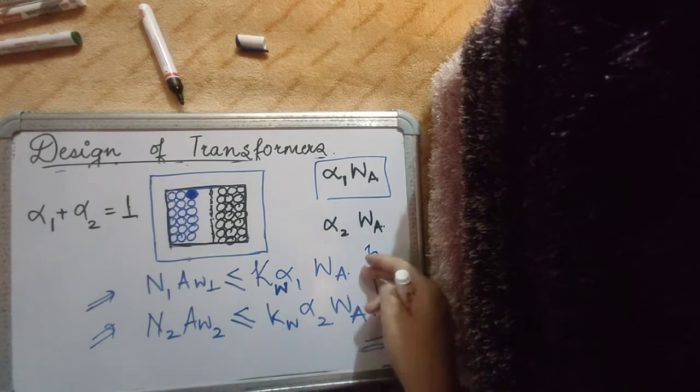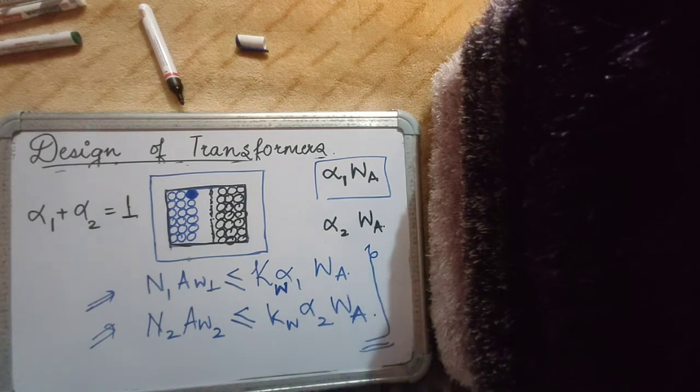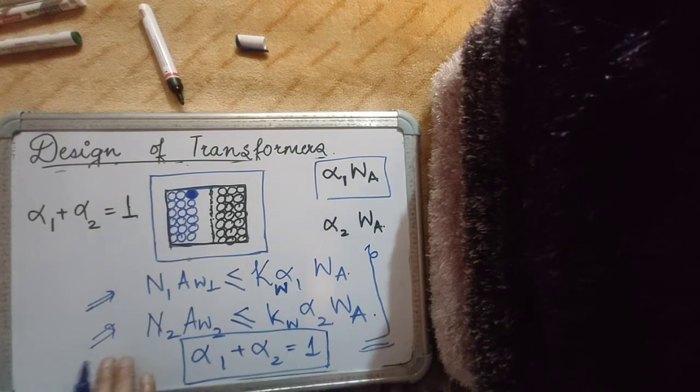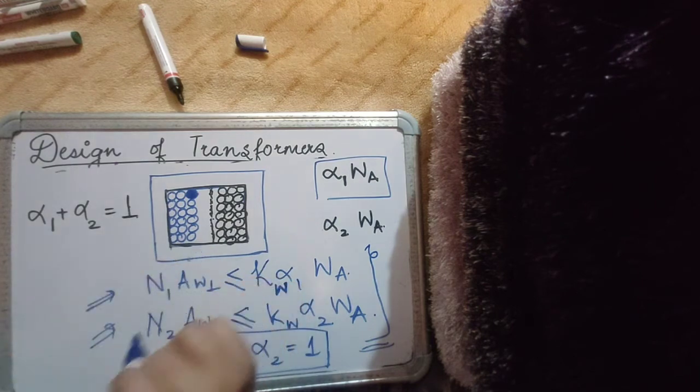Now there is a physical constraint on both the windings, the primary as well as the secondary winding, added to the fact that there are two windings which can completely occupy the window area. If you have more windings, of course you'll go on adding another equation, and they will have alpha 3 and so on and so forth. So this is about a physical constraint on the sizing or fitting the electrical conductor within the magnetic core.